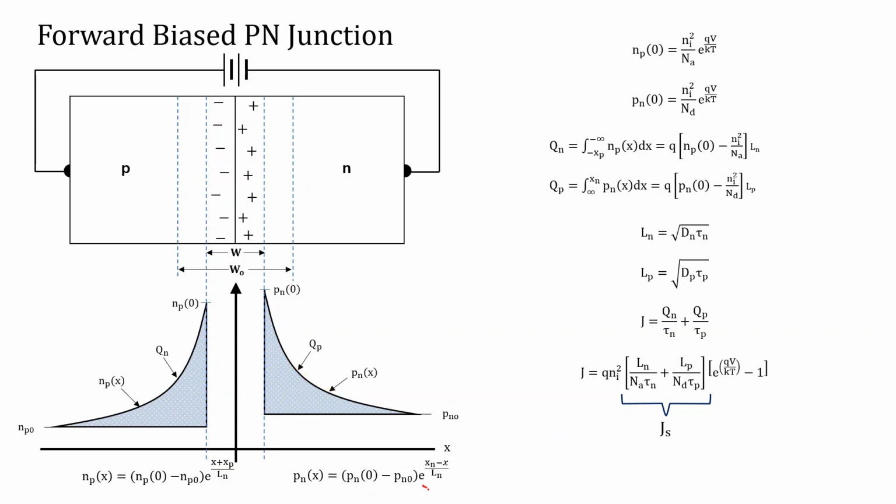Now this curve is also exponential. So as we put x equal to xn, which is here, we get e to the power 0, which is 1.